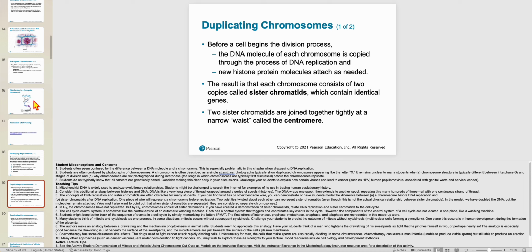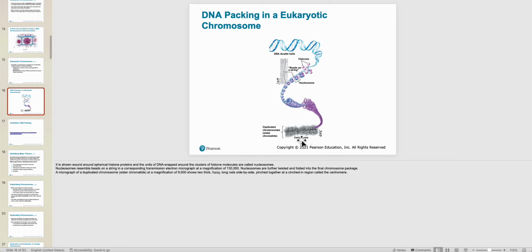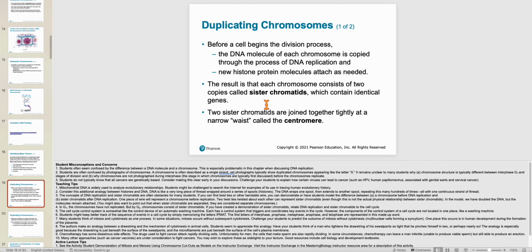I'll go back to that picture. You can see it's held together at that center waist area called the centromere. And these are duplicated chromosomes which have identical genes. So each strand has an identical set of information. Okay, next slide.